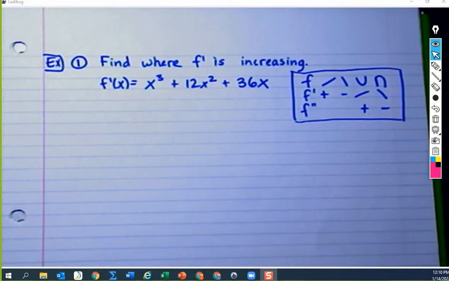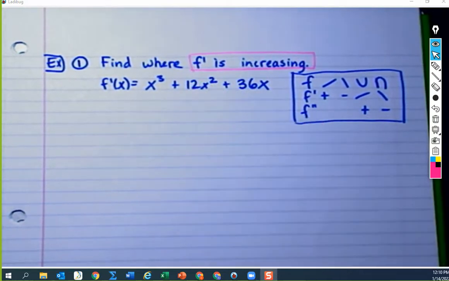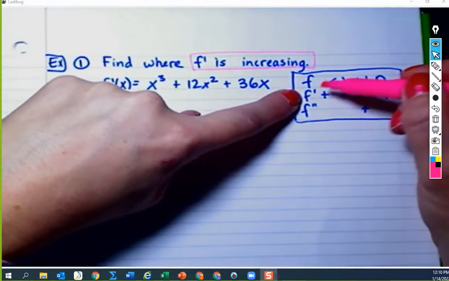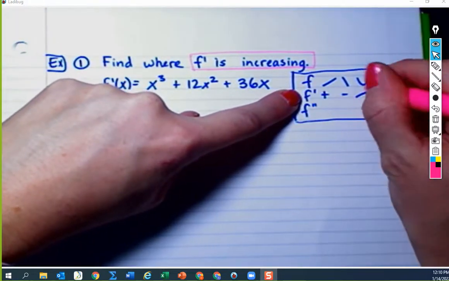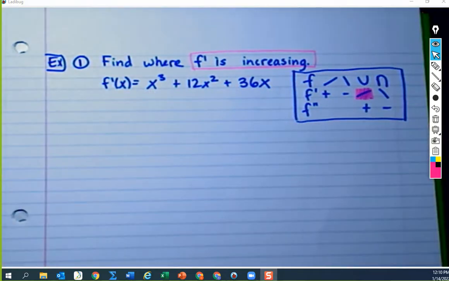And then I'm just going to figure out what it's asking me for. It's asking me where f prime is increasing. So I'm going to look at my chart and find where f prime is increasing. That's this one, which puts you in the third column.